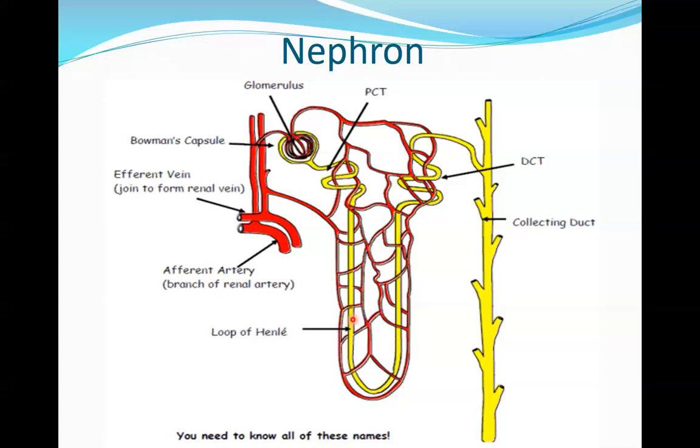And it is tightly controlled by hormones, right? So this is afferent arteriole supplying the whole glomerulus, efferent arteriole supplying the whole nephron, which is proximal distal convoluted tubules, loop of Henle, and then it goes back to the efferent vein.